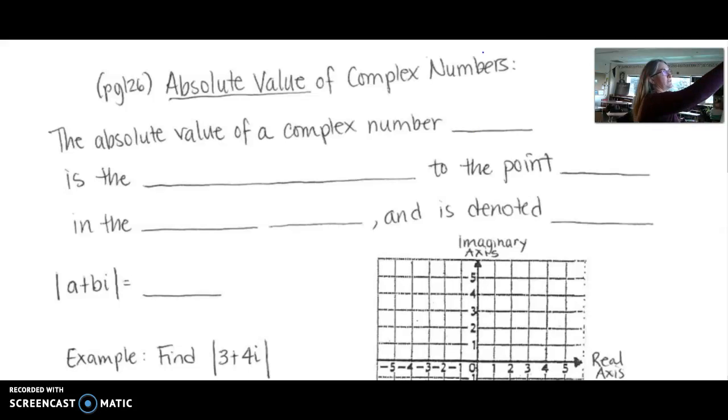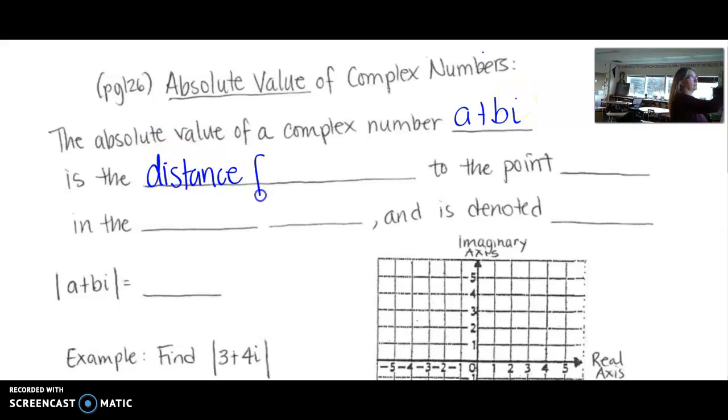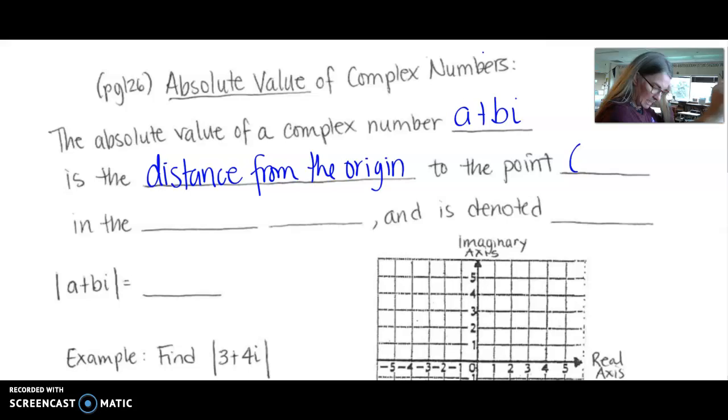The absolute value of a complex number a plus bi is the distance from the origin to the point (a, b) in the complex plane.